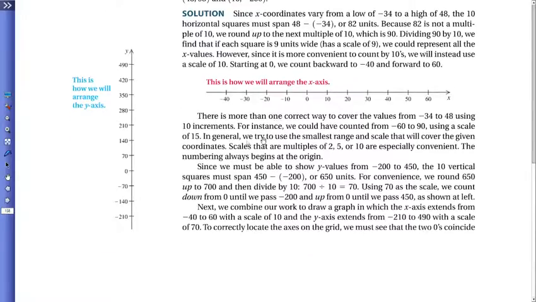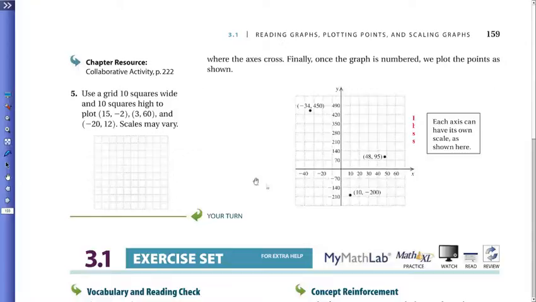So they're talking about maybe we can scale this to fit better, and they say, well, wouldn't it be better if we took this vertical scale, because there's such a wide range of vertical numbers, that second number in the coordinate, that we could possibly say, well, why don't we say one tick here is 70 instead of being 10, which is going to be very, very high and very, very low. We're really going to spread out on my graph paper.